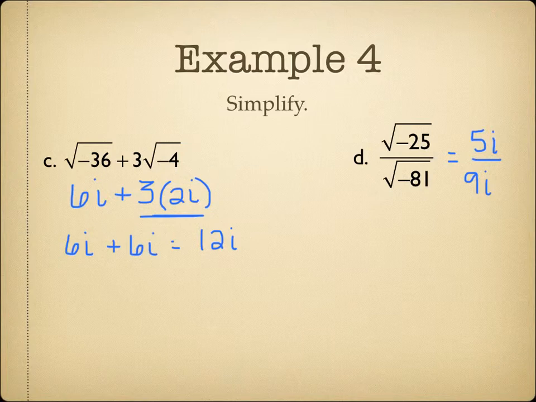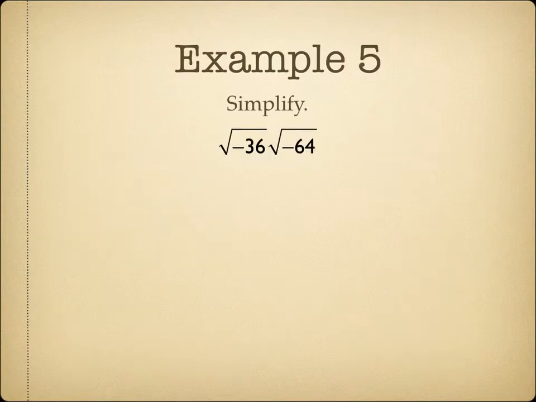You can cancel out the i's, right? So I could take the i's and cancel them, and then my answer would just be 5 over 9. That would be the final answer because your i's cancel. Does that make sense? I'm doing all of these examples, by the way, because your homework assignment is really just a whole bunch of these kinds of problems, and I'm trying to hit one of everything you might see in tonight's homework.